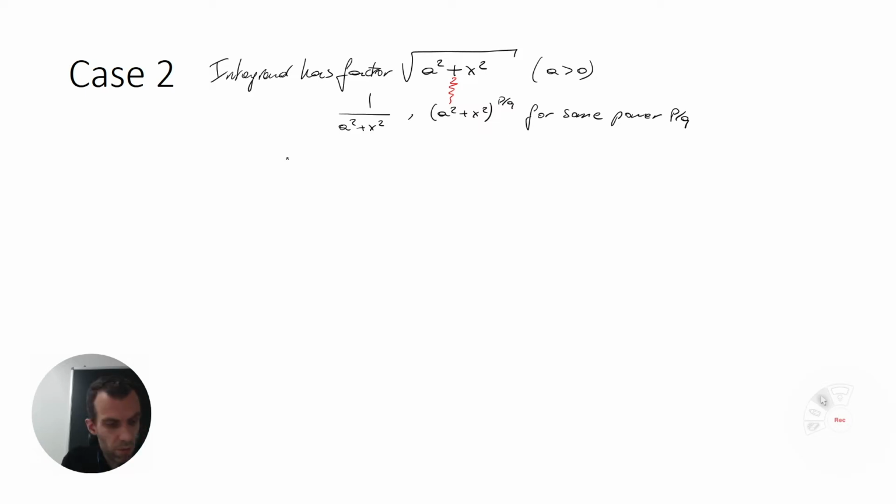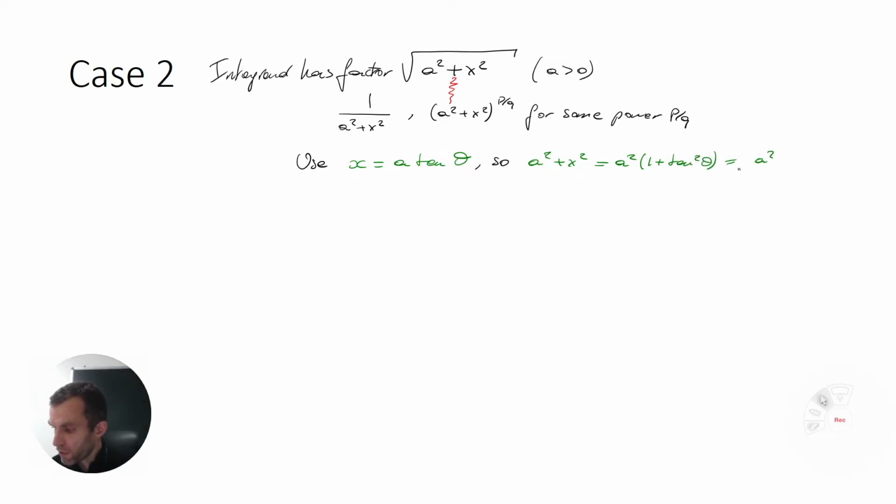So in this case, what we will do is we'll use the following substitution. We'll put x equal to a times tan theta. And so from that, we have that the expression that we're interested in, a squared plus x squared, is a squared times 1 plus tan squared theta, and that is equal to a squared divided by cosine squared theta, or a squared secant squared theta.